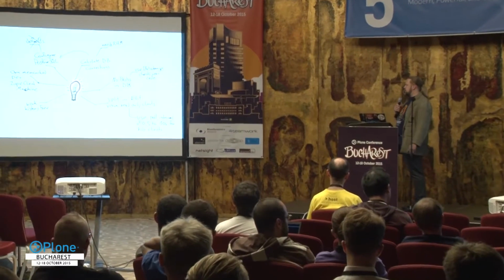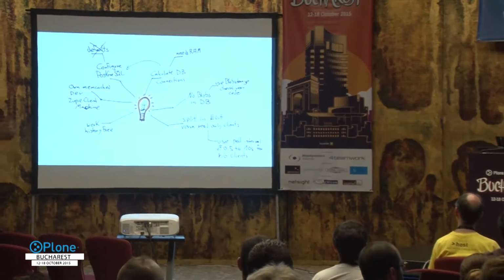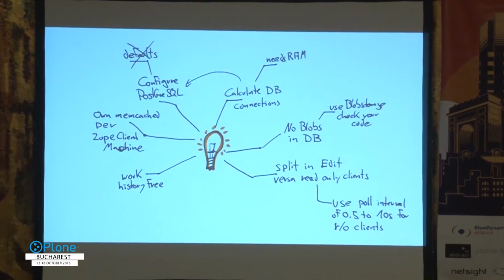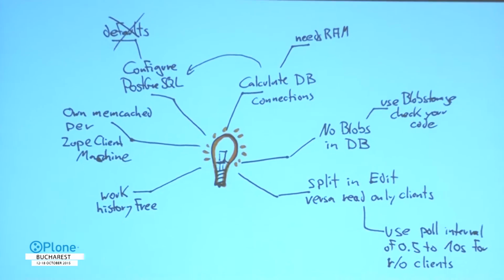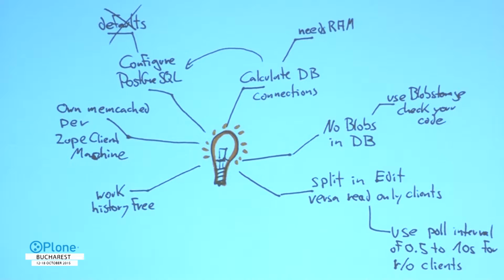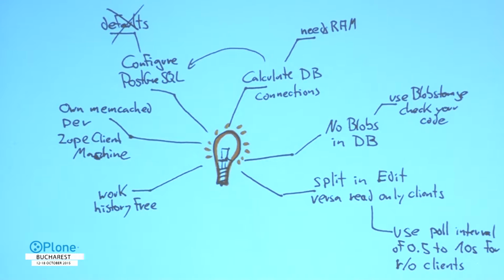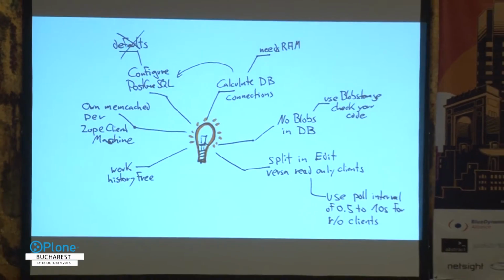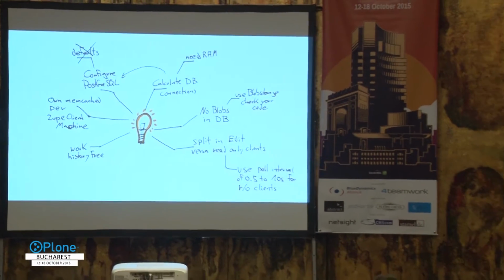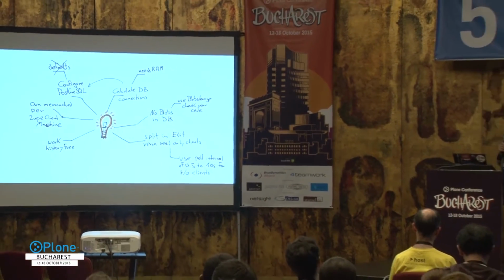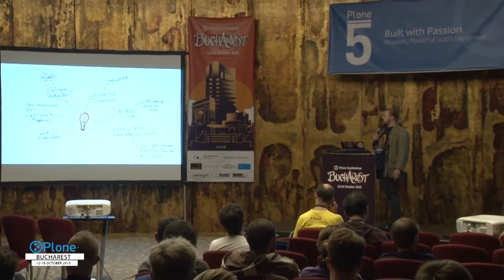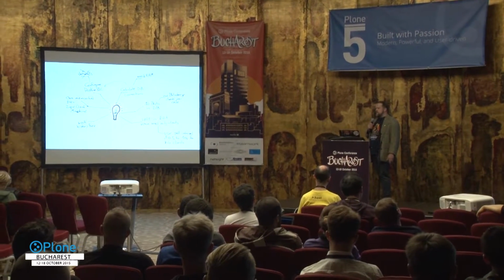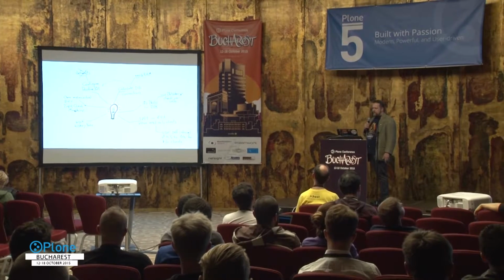And even for max connections, you have to know if you have a larger cluster of ZEO clients and you have all these connections, there's no pooling built in with RelStorage. Maybe we should change it in future for bigger scenarios. But if you have no pooling built in, you get a lot of connections on the Postgres database. That means a lot of connections consume a lot of memory. The ZEO server has a very low memory footprint, but the Postgres database needs memory to work.